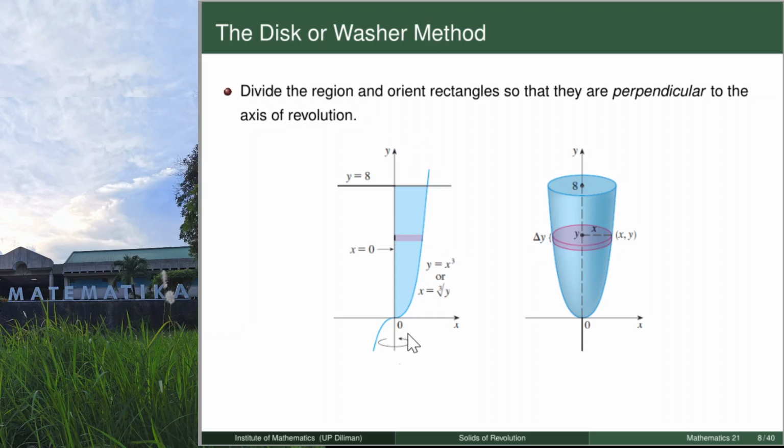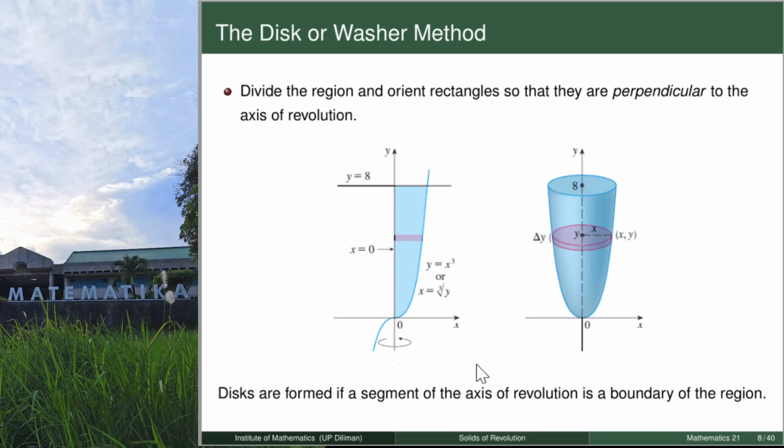So therefore, this rectangle here, if you revolve, you will obtain a disk because there is no way that you will obtain a hole in the middle. Okay?